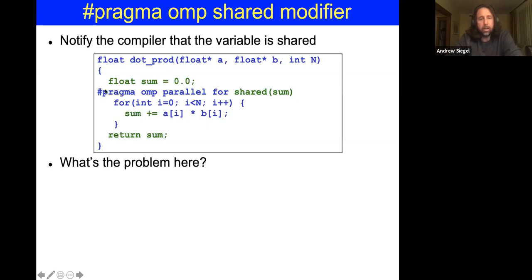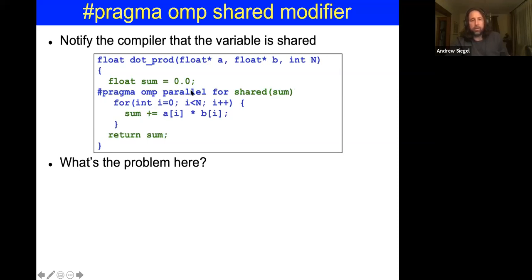All right, if we want to do that, now we've learned we can just have one pragma OMP parallel for, and we specify that sum is shared, even though by default it would be shared among the threads because it's declared on the outside. So oftentimes I turn off all the defaults, and I'll show you how to do that with the example, and then I just specify them explicitly for the visibility of each variable.